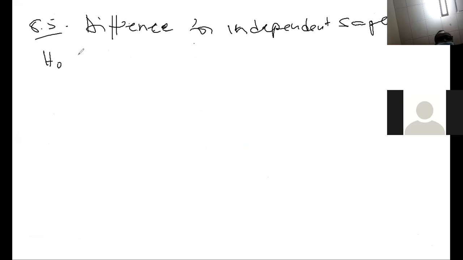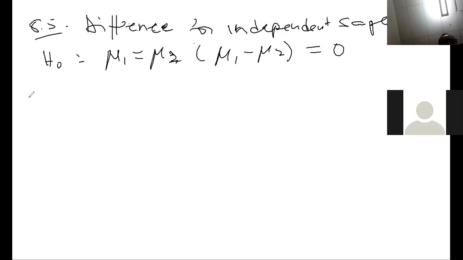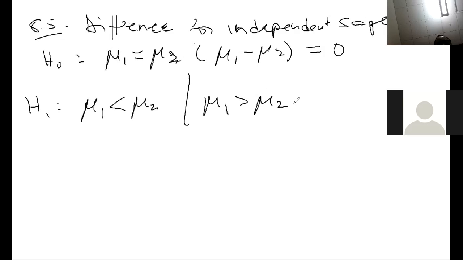So H0 will be mu1 equals mu2, or mu1 minus mu2 is equal to 0. H1 will be mu1 is less than mu2, or mu1 is greater than mu2 for a right tail test, and then mu1 is different from mu2. So we also have 3 types of tests: left, right, two-tail.